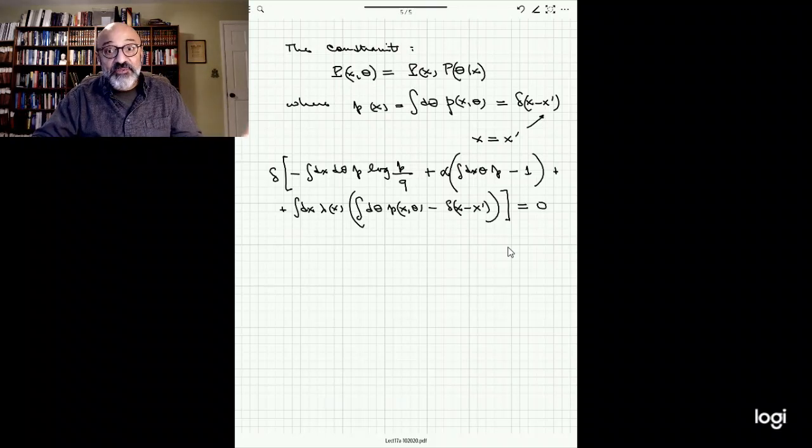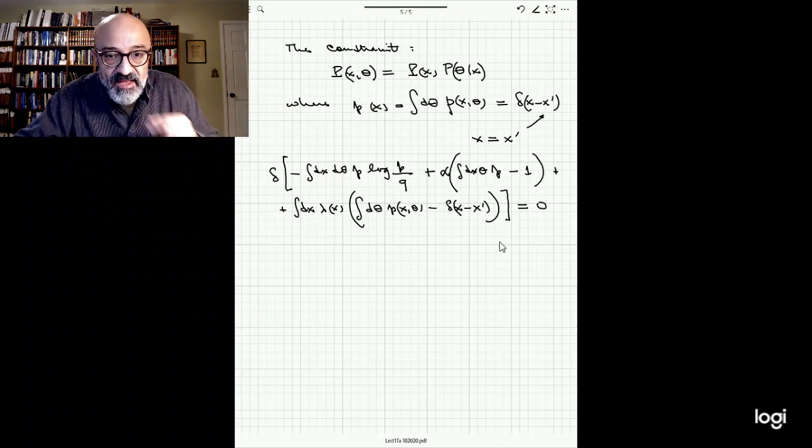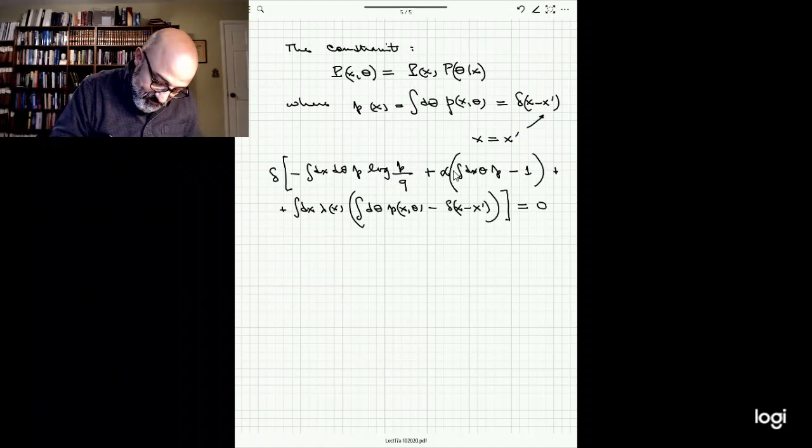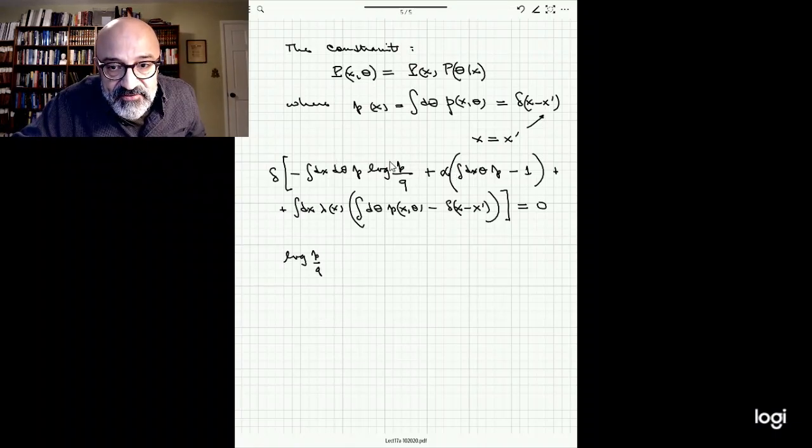Now it's a matter of computing. So let's do it. When we do the maximization, I'm going to vary delta p, and so there is going to be a log p over q multiplied by delta p with a minus sign.